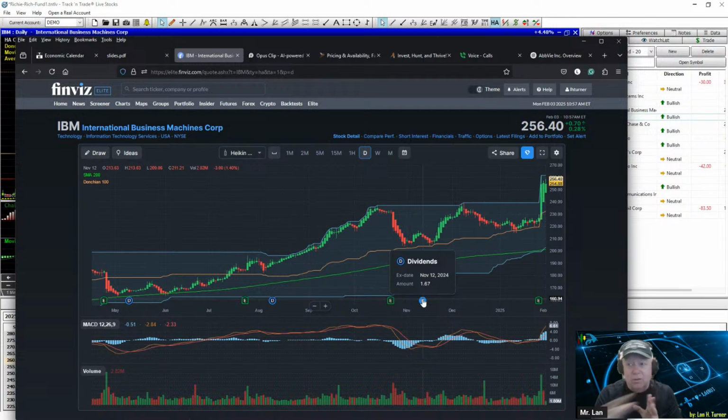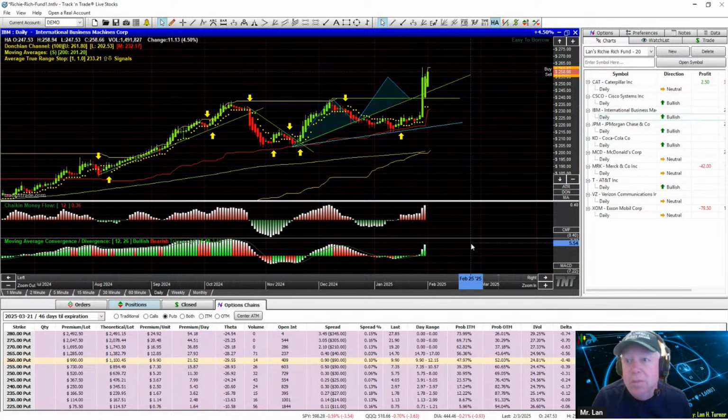You have $25,000 at 100 shares. That would be $1,600 every quarter, right? That's not bad. Nothing to sneeze at, especially if the stock's going to the moon. Holy cow, I get an extra bonus of $1,600 every 3 months for 100 shares.